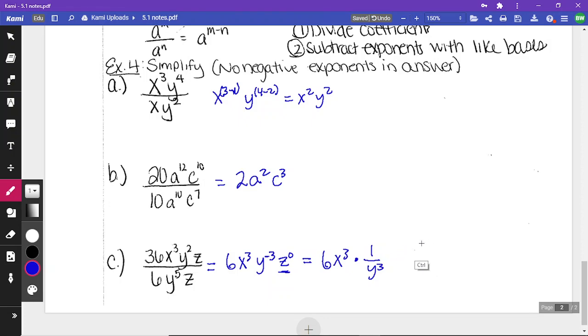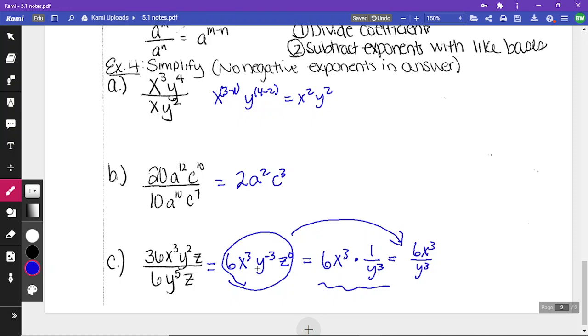We know it's just 1, and we got it. So now we usually won't leave it like this. We'll write 6 times 6x cubed divided by y cubed. So you don't need to write down this intermediate step. You can go straight from this over here, to this.